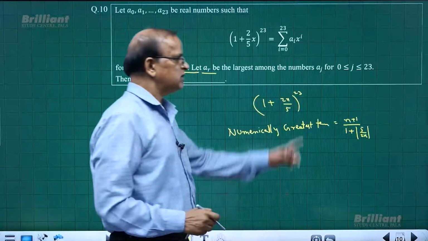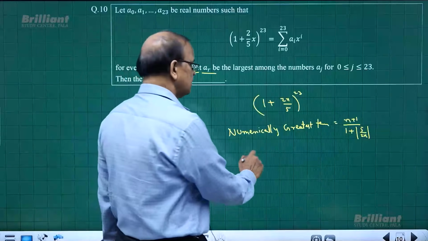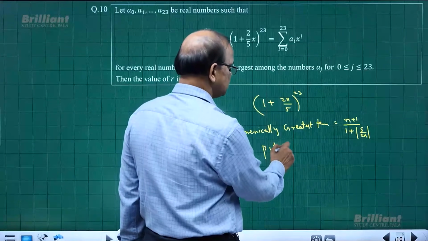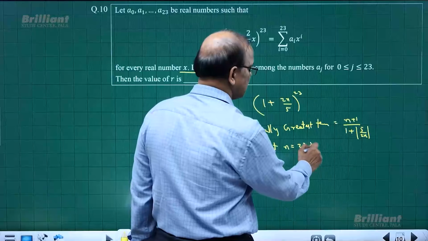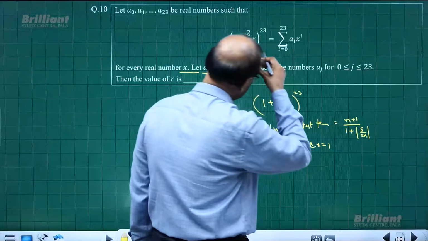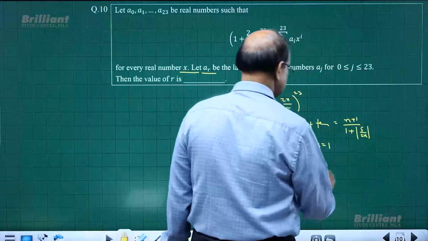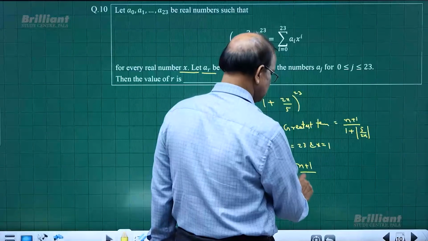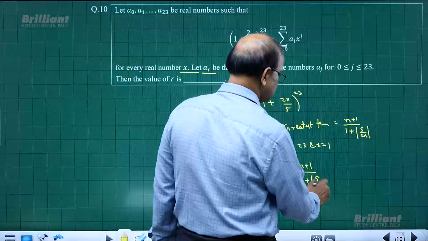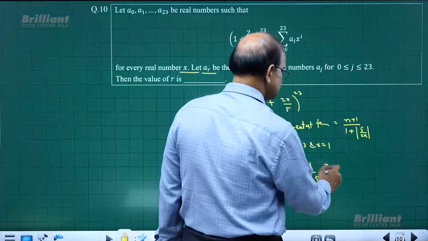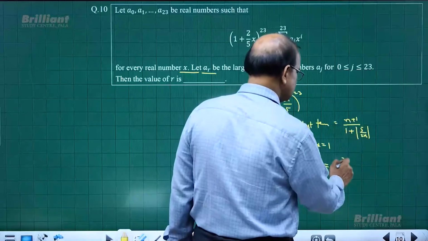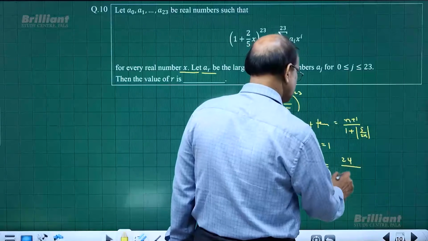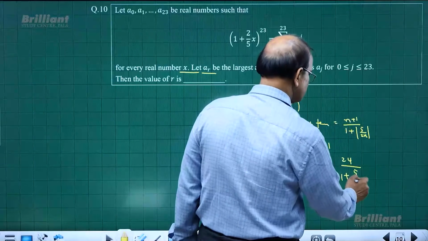So in this put n is 23 and x is equal to 1, right? So what happened is, n plus 1 by 1 plus 5 by 2x is equal to 24 by 1 plus 5 by 2.